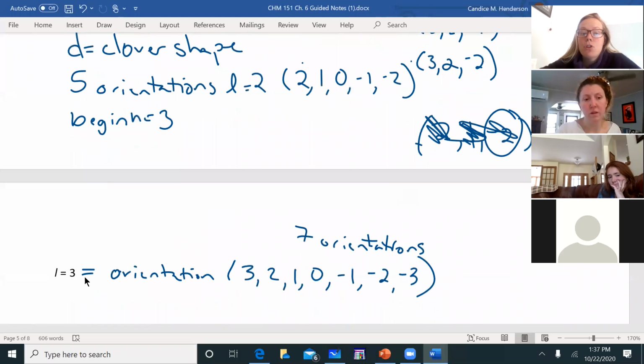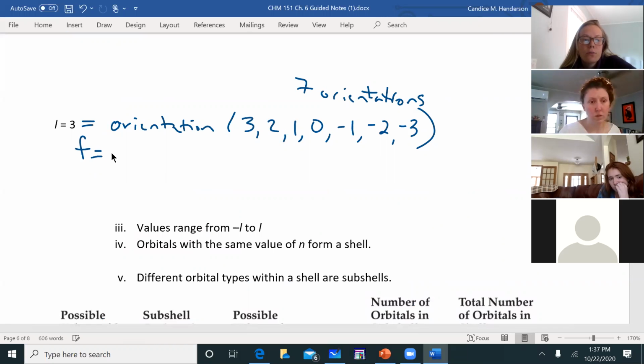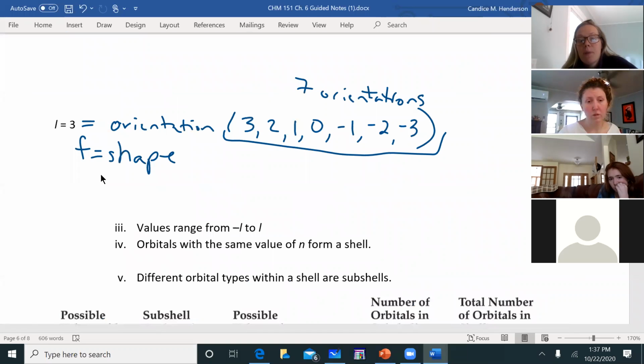The F, you don't need to know the shape, okay? So this is our F shape. It's that weird 8-lobe thing. Don't worry about that, but you do want to know its orientations and possibilities. So if F, we said, starts at n equals 4, right?